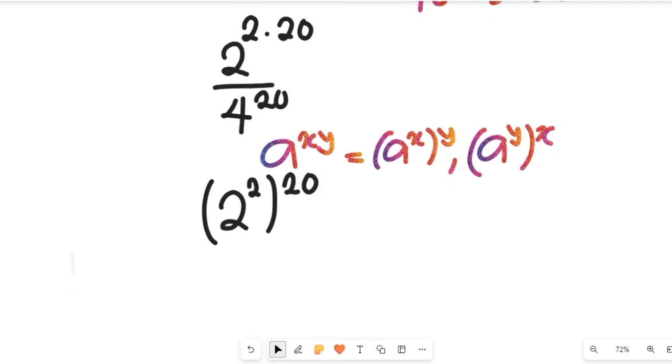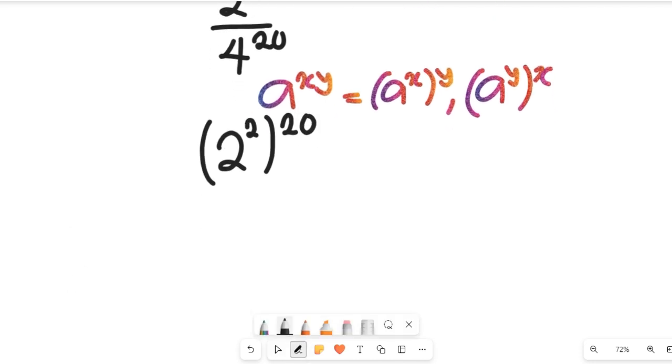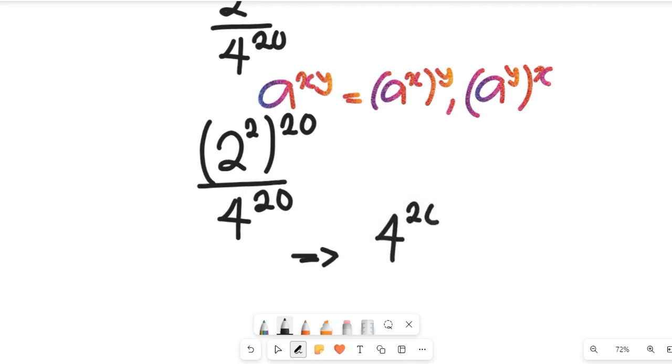And that will divide 4 to the power of 20. Now, if we simplify that, 2 to the power of 2 will give us 4 to the power of 20, right? Divided by 4 to the power of 20.